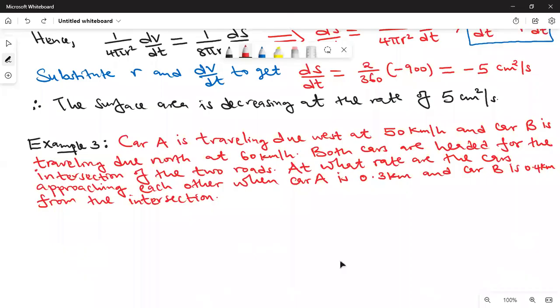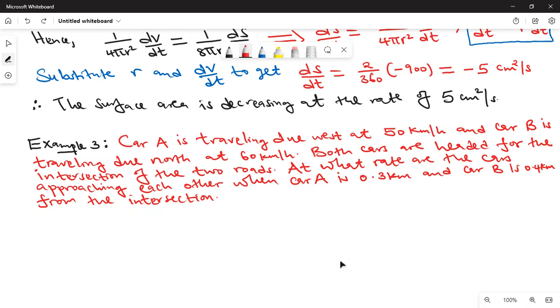In example number 3, we are told that we have two cars, A and B. The first car A is traveling due west at 50 km per hour, and the other car B is traveling due north at 60 km per hour.